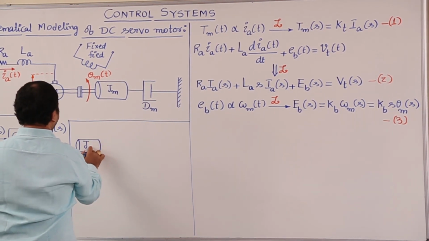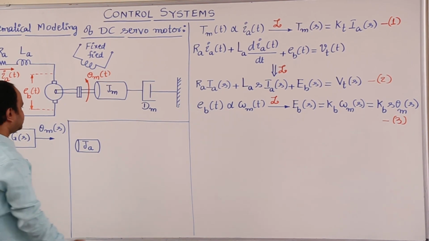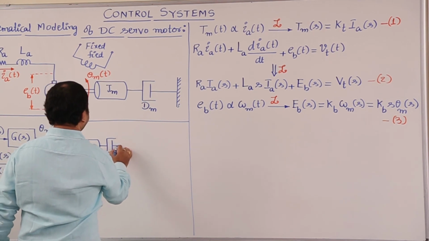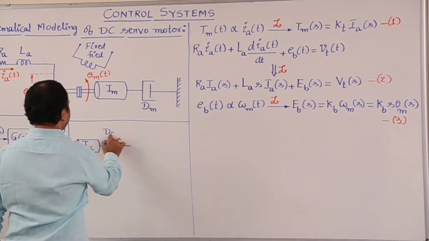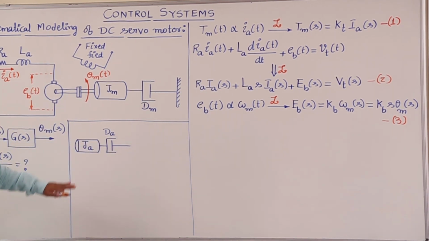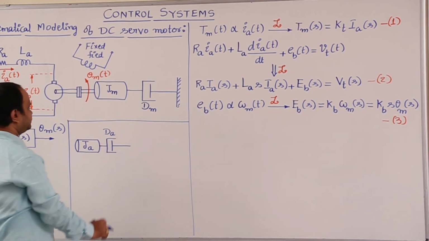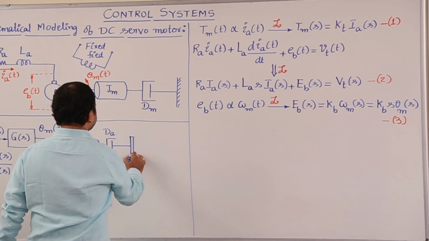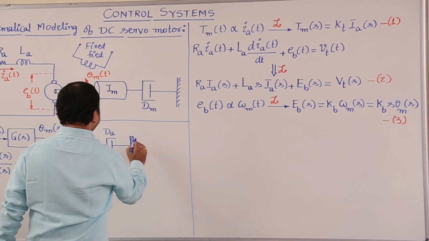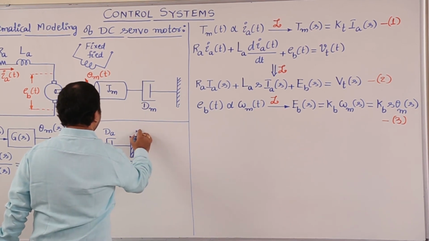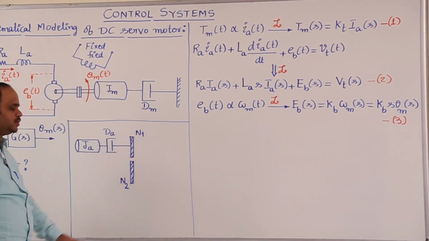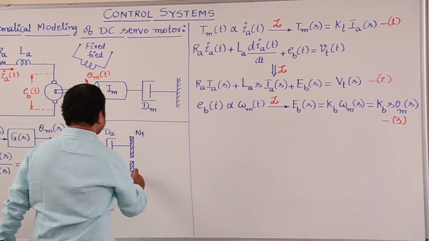This is the moment of inertia of the armature and the viscous damper. This is Da, and again just for simplification purposes we are neglecting the spring constant, and it is connected to the load through some gear ratio.